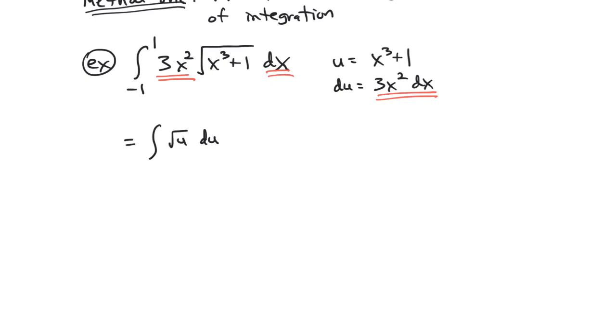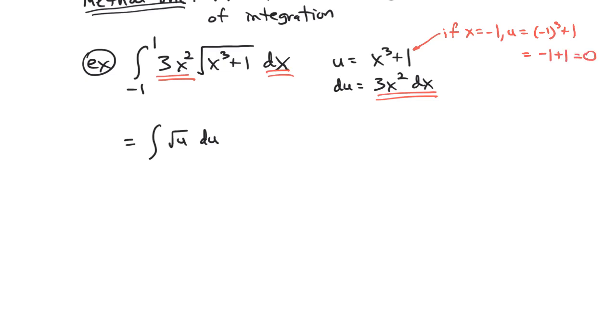So what we do is we go back to our original u substitution, because this gives us a relationship between x and u. So I'm going to use this and say, okay, what happens when x equals -1? What will u be? And then also, what happens when x is 1? What will u be? So I'm going to go back to this, and I'm going to say, okay, if x equals -1, u equals -1 cubed plus 1, which is -1 plus 1, which is 0.